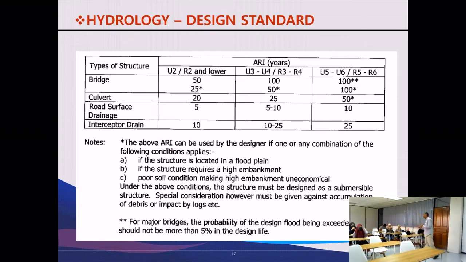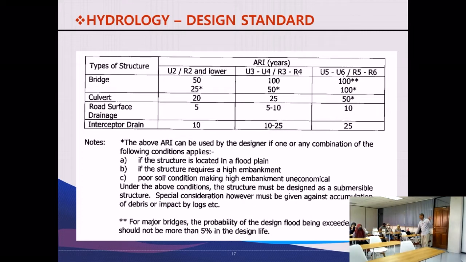So for jambatan, we need to consider 50 or 100 year ARI. Meaning we cannot afford for the jambatan to be overtopped by water within 25, 50 or 100 years.